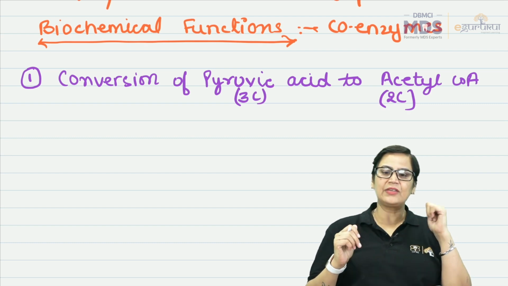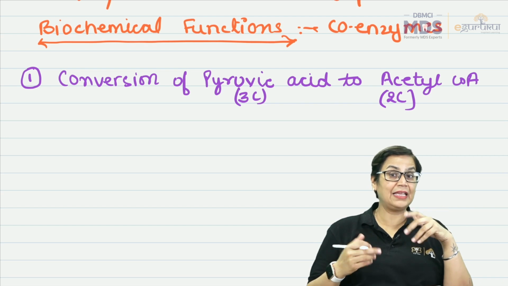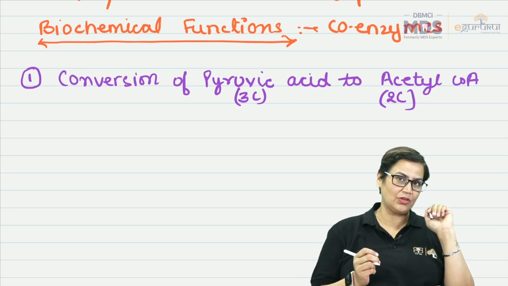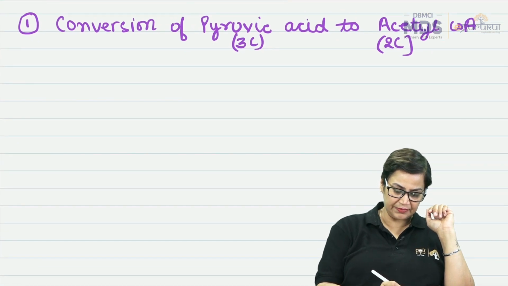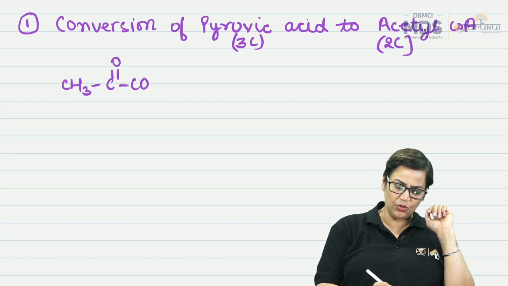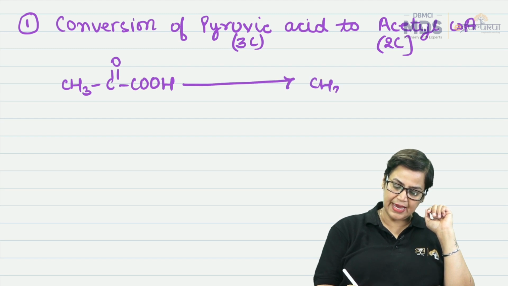Wherever 1 molecule of carbon dioxide is lost, it is decarboxylation. And if I write the reaction, it is CH3-CO-COOH, pyruvic acid, forming CH3-C=O-SCoA.